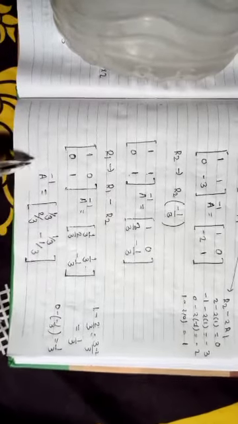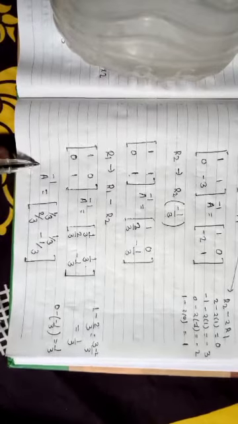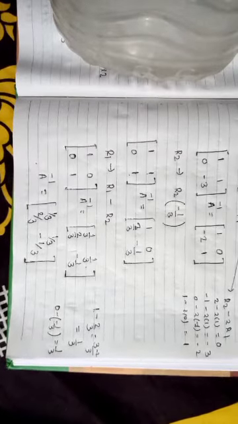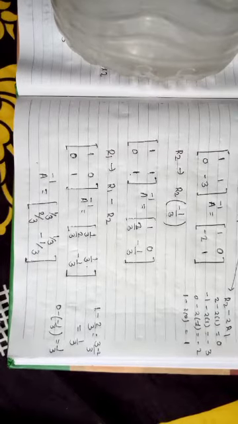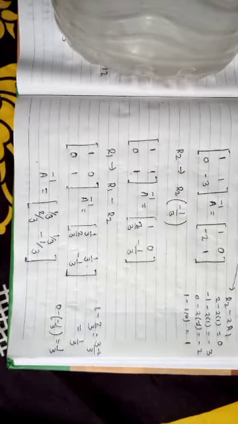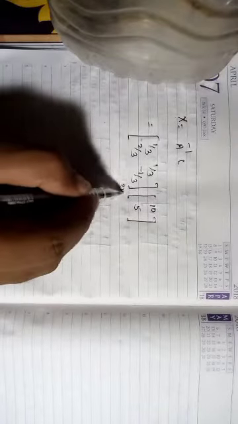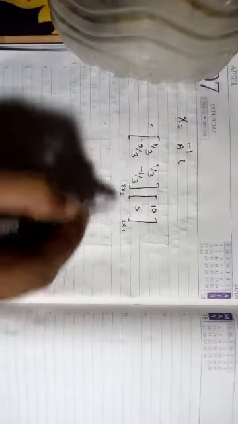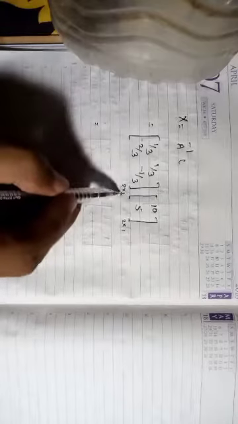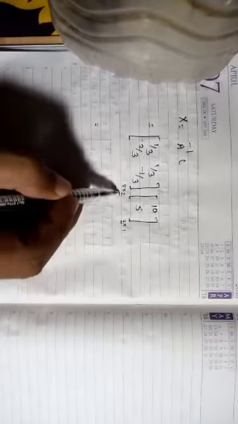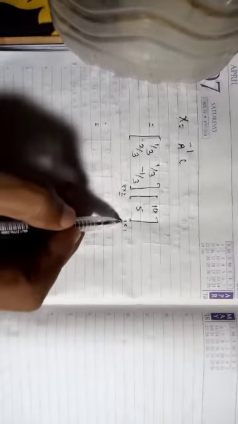Now I will substitute this in equation 1 to identify the values of x and y. In that equation we substitute A inverse and the C matrix from the question. Now I will multiply these matrices. This is 2 cross 2 and this is 2 cross 1. We can multiply because the column of the first matrix is equal to the row of the second matrix.